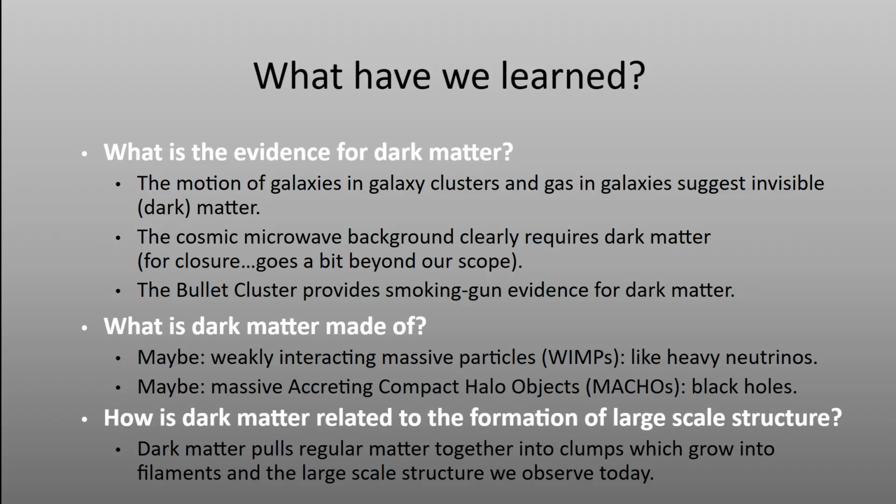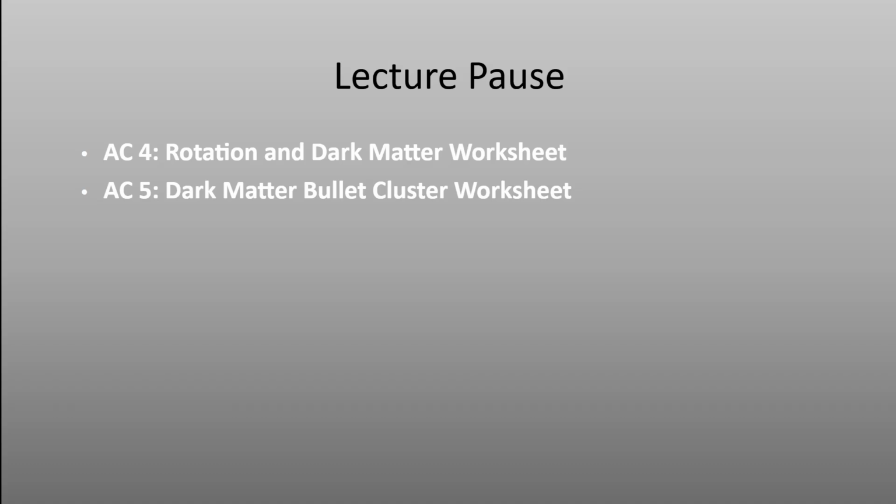Now, in terms of how dark matter is related to the formation of large scale structure, again, dark matter uses gravity to congeal the material around us, and we think that forms progressively more massive nodes and filaments and forms ultimately the large scale structure we observe around us today.